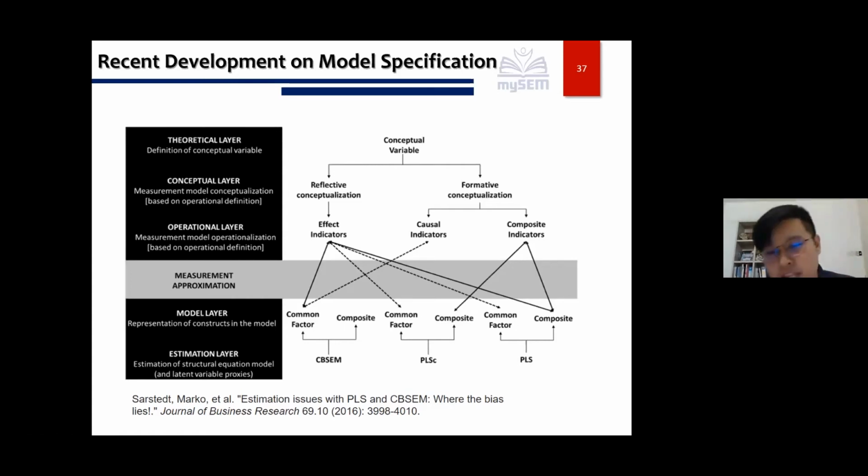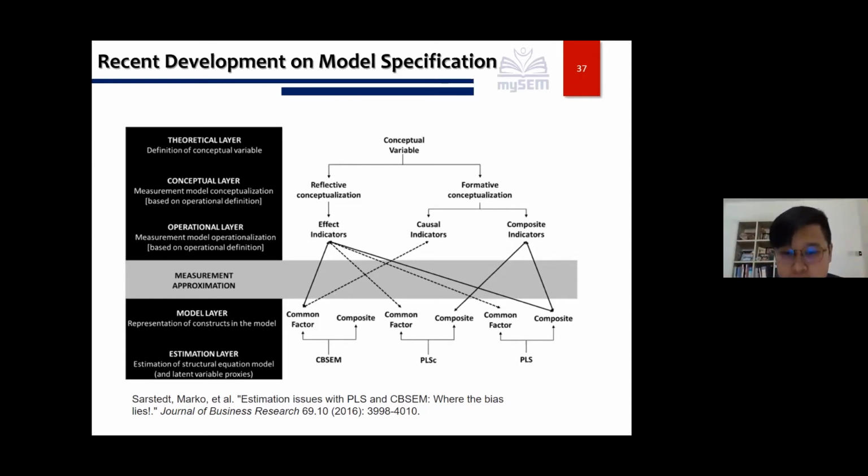To perform causal indicators, what we always use in CB-SEM is MIMIC modeling, where we have formative and reflective together for a construct. But we put aside causal indicators right now. We are talking about reflective conceptualization to effect indicators, as well as formative conceptualization to composite indicators. With these two, effect indicators and composite indicators, we look down into measurement approximation.